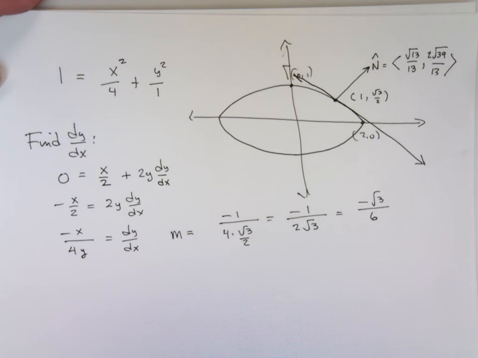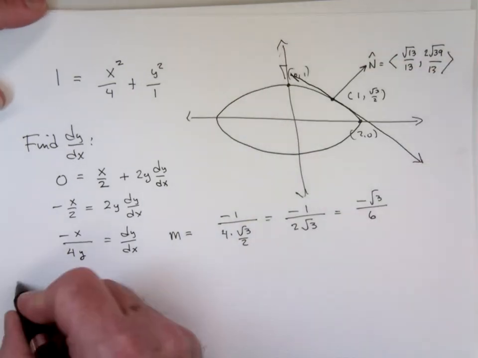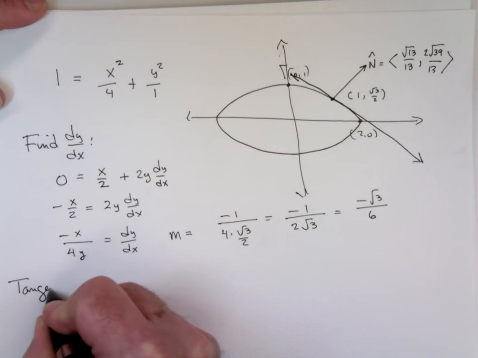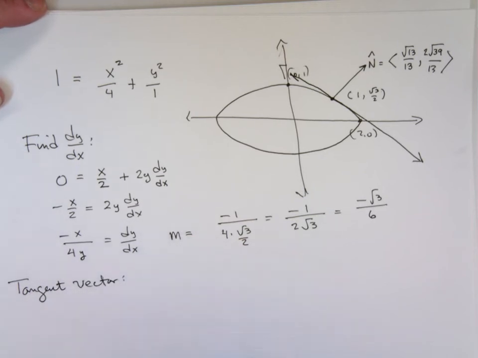Well, there's another way to do that, and that's to use the tangent vector. So let's use the tangent vector as another way of finding that slope. And how do we find the tangent vector?